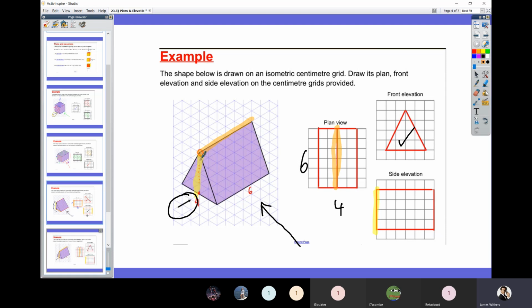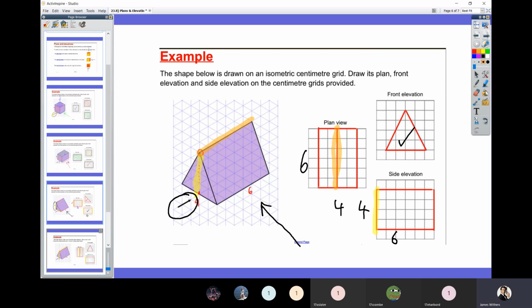You would see a height of 4. So if you're looking sideways, base of 6, but a height of 4. Do not start thinking this would be the height you see. You don't. This would all flatten backwards, giving you that height there.